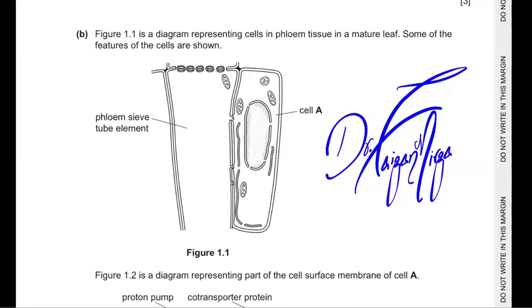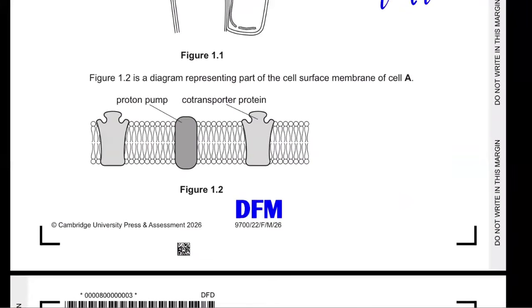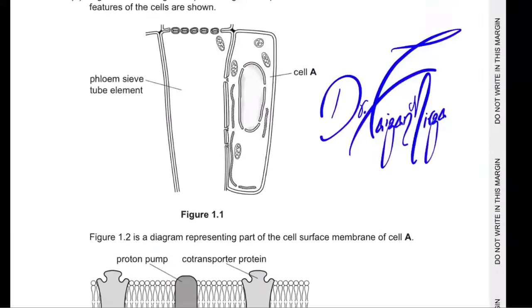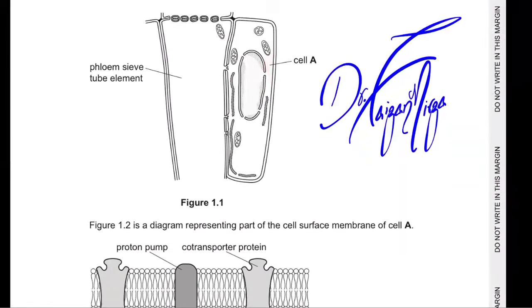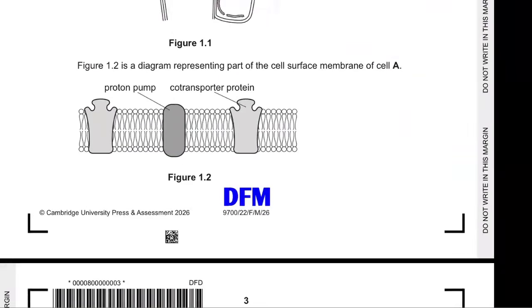The next part shows you a phloem sieve tube and a cell A, and you can see this sieve plate is there. They are showing you a part of the cell surface membrane of cell A. We know cell A is the companion cell. This companion cell has various plasmodesmata that allow sucrose to enter into the sieve tube. This particular cell membrane has a proton pump.